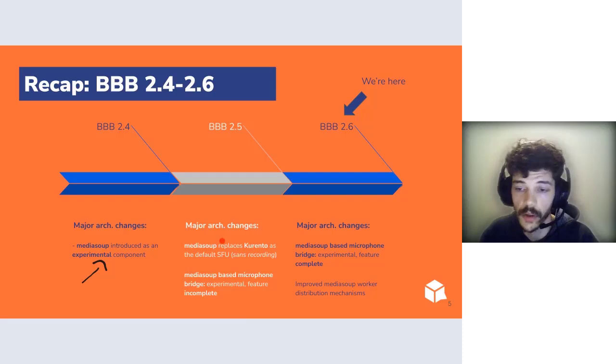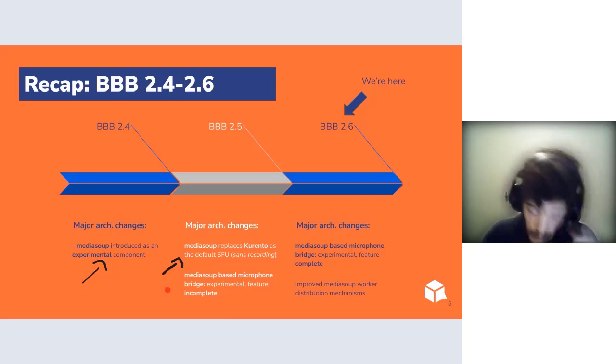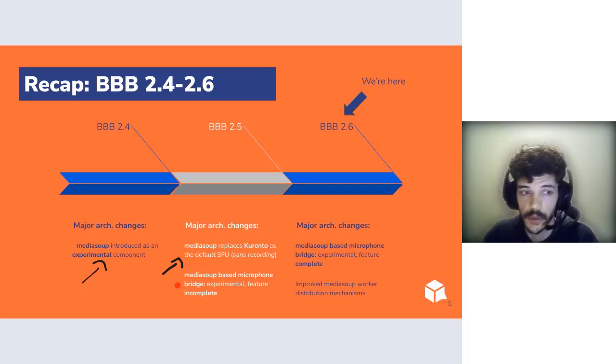And in 2.5, once we were confident enough that the mediasoup implementation was stable and production grade, we made it the default SFU on BigBlueButton, which in fact replaced Kurento as the front-end media server for webcams and screen sharing, with the exception of recordings, which I will expand upon later.